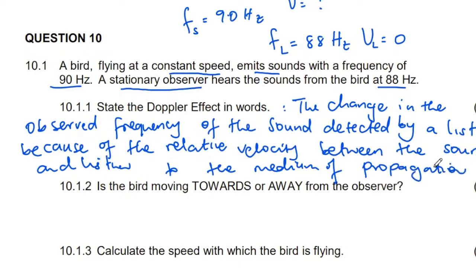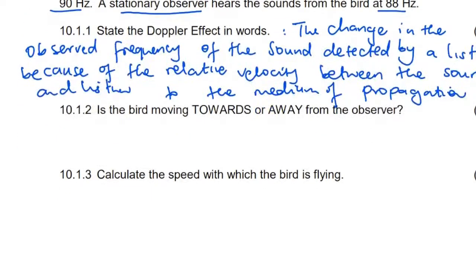In any other way, for as long as you talk about, as we said in the previous part, the apparent change in the frequency observed by the listener as a result of relative motion between the listener and the source.